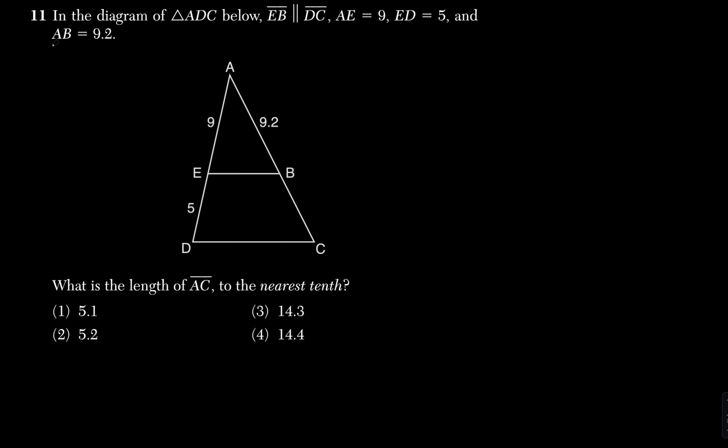In the diagram, triangle ADC, below EB, this line is parallel to DC, that line. If AE is 9 and ED is 5 and AB is 9.2, what is the length of AC, the whole segment from here to here? Well, let's call this y, but we don't know BC, but we can make a proportion, right? Because we have two sides inside the triangle parallel to each other. So we can say that 9 over 5 is equal to 9.2 over x.